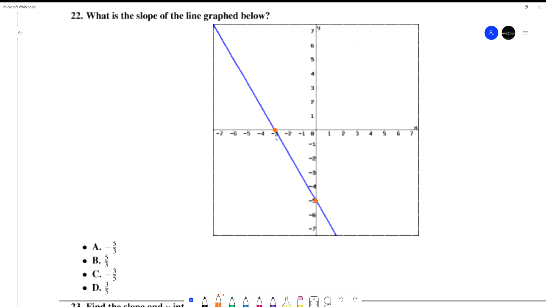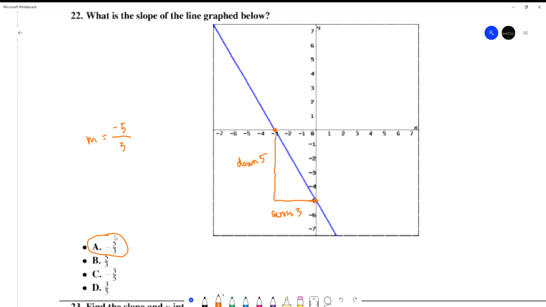We're always going from left to right, so we go down 1, 2, 3, 4, 5, and then right across 3. So down 5 means negative 5 over 3. That's my slope, and that's answer choice A.